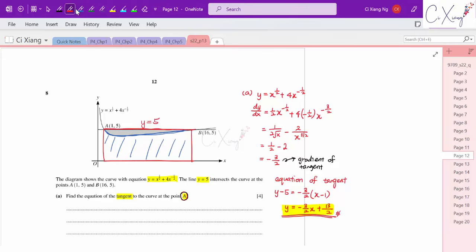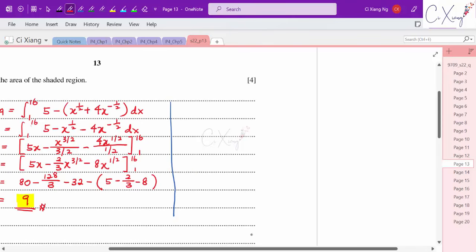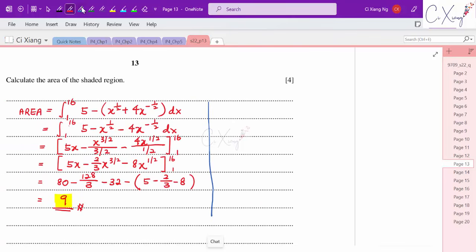To get the area of the rectangle, you know that the height is basically 5, and the base you can take as 16 minus 1, where you get 15. So another option or alternate step for this question is you can use the area of the rectangle minus the integration of 1 until 16 for the curve function.